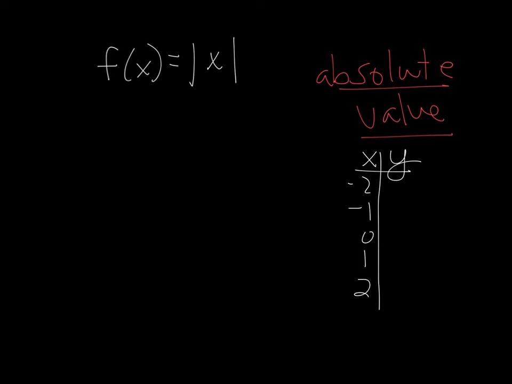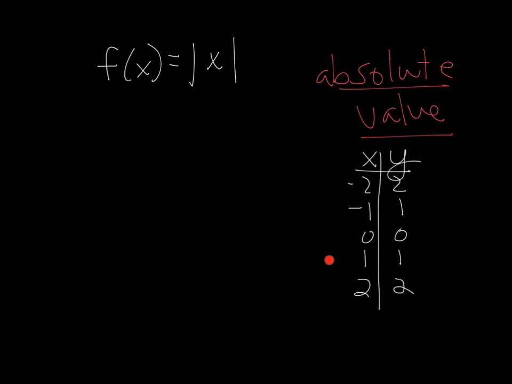And absolute value, the actual operation of absolute value means no matter what you plug in here, this makes it positive. It doesn't change it from positive to negative. If you put a negative in here, it becomes positive. If you put a positive in here, it becomes positive. So these answers will be +2, +1, 0, +1, +2.